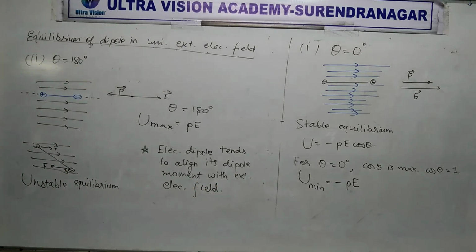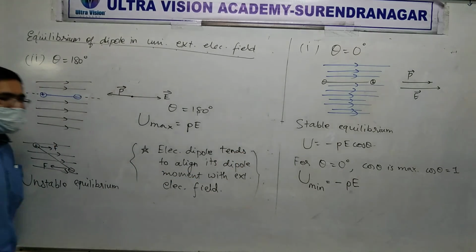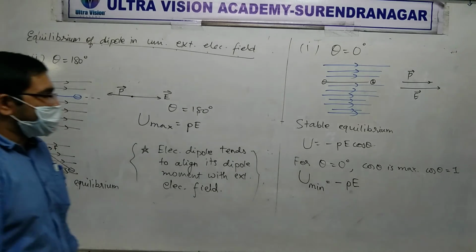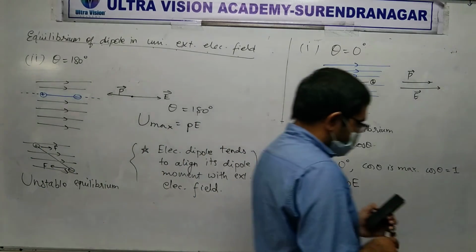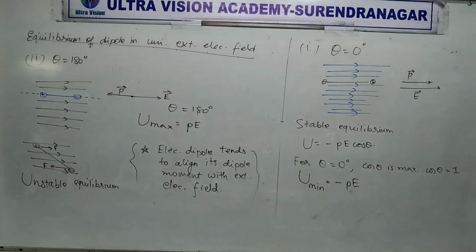Electric dipole tries to align its dipole moment with external electric field. A very useful concept. However you put it, it will always try to make P and E in the same direction. Clear? This is in fact the reason why pieces of paper stick to the comb.